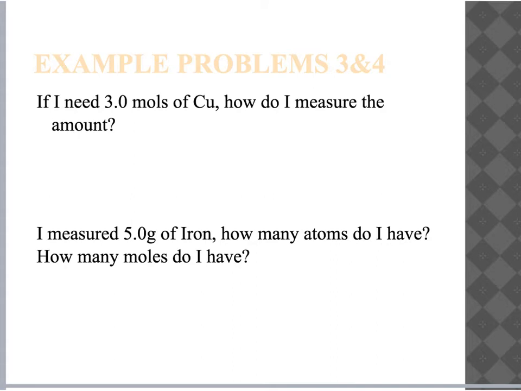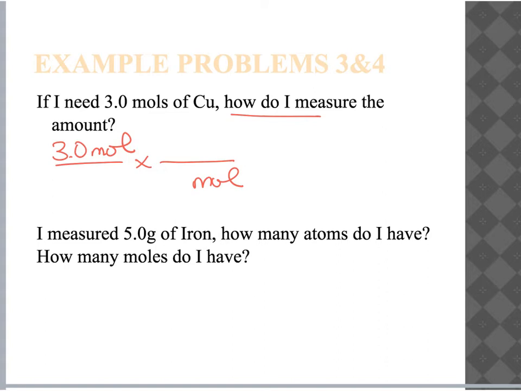If I need 3 moles of copper, how would I measure that out? Well, if you need 3 moles of copper for an experiment, okay, we're going to start with 3 moles. And I know I want moles on the bottom, but if I'm measuring something out, it's not like I'm counting these things.